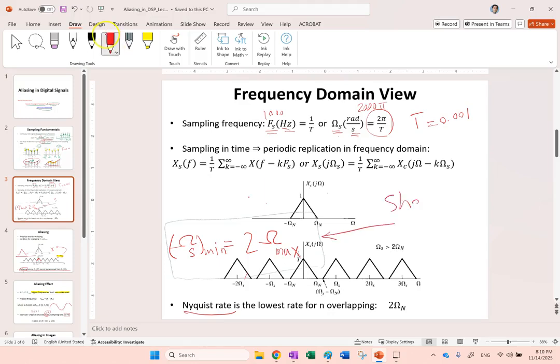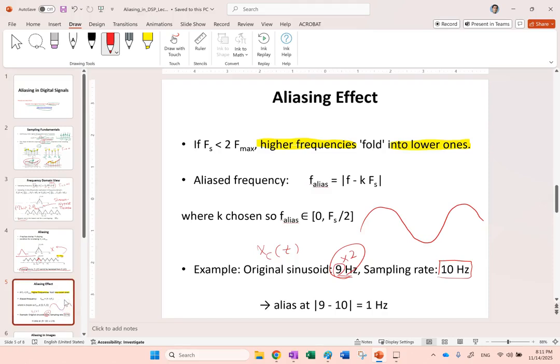It's called the Shannon-Nyquist theorem, or some people call it the Nyquist-Shannon theorem, which explains the minimum sample rate that you need for avoiding aliasing and overlap and for proper recovery of the original signal.